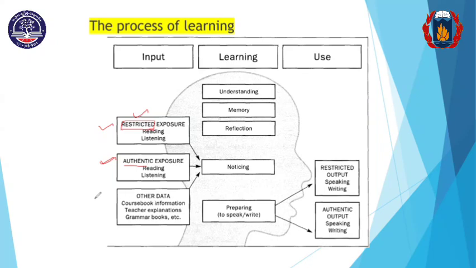And maybe if we are not satisfied with these 2 areas, we should add other data like any other reference course book information or teacher explanation or other grammar books we can add to assist the learning.